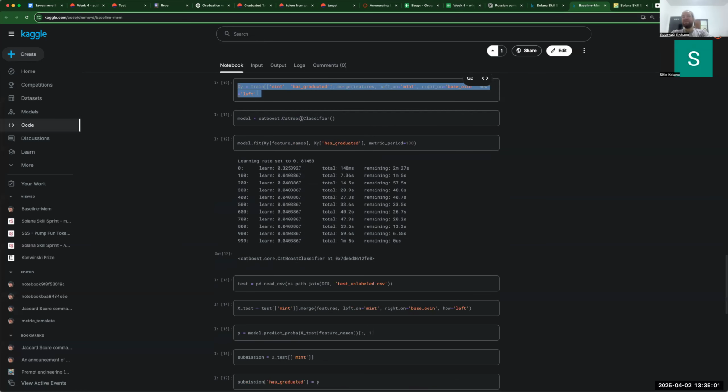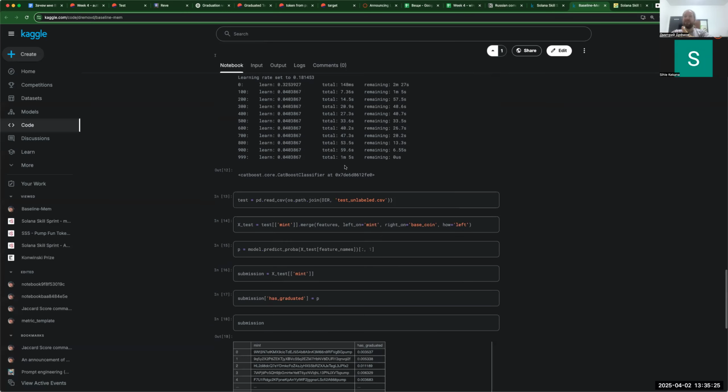So we're taking just a model, a gradient boosting model, with no tuning, just default parameters. We put in this one feature and the target, whether the token graduated or not. The model learns for a couple of minutes, actually for 1 minute.